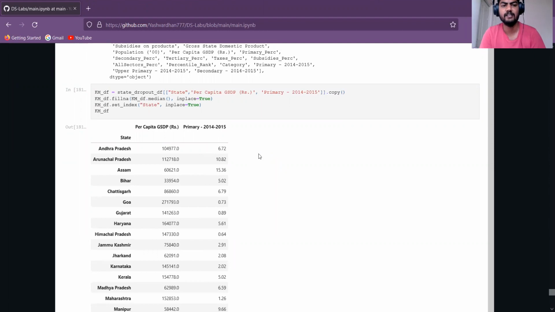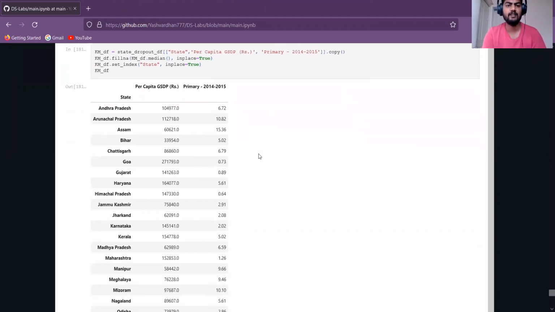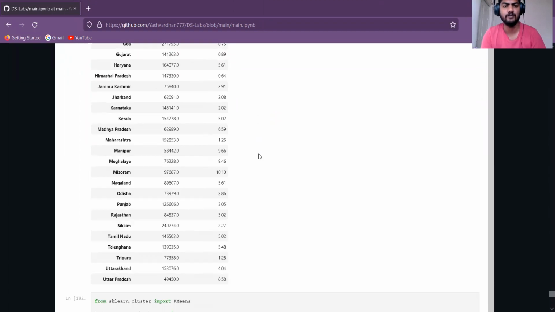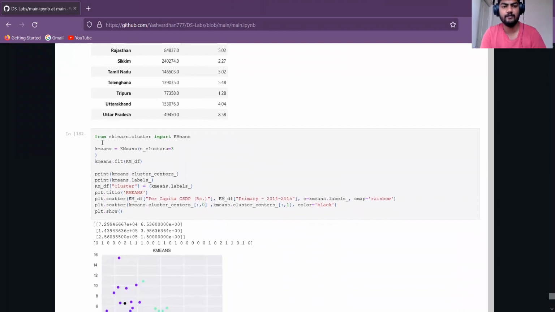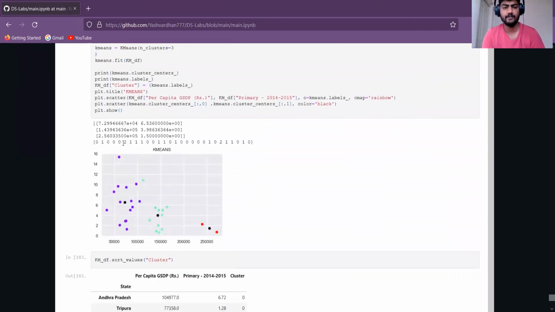Then we use another model, that is k-means clustering. For this, we used per capita GSDP and the primary sector contribution for the year 2014 to 2015. Then we build our model with the help of this code, and from the data and our model we get this graph.